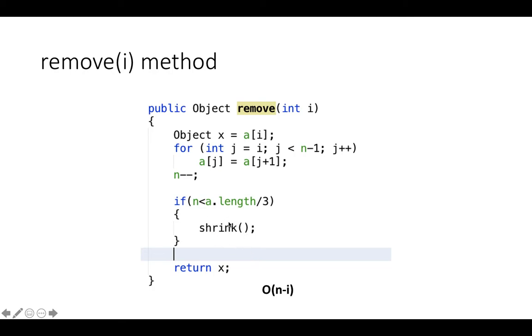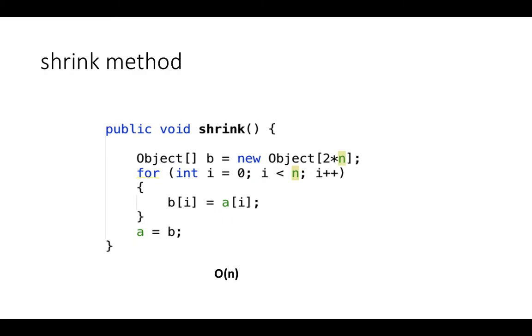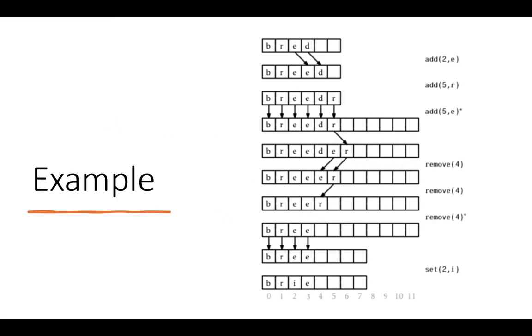Again, shrink, we don't consider it here because we don't do it all the time. We rarely do it. Expand, this is the code of the expand. It's big O of n because we need to copy all the elements from array A to array B. The same as string, actually they are the same method, so it's big O of n.